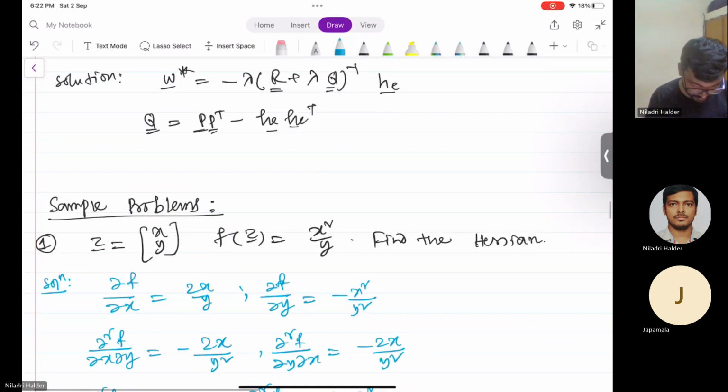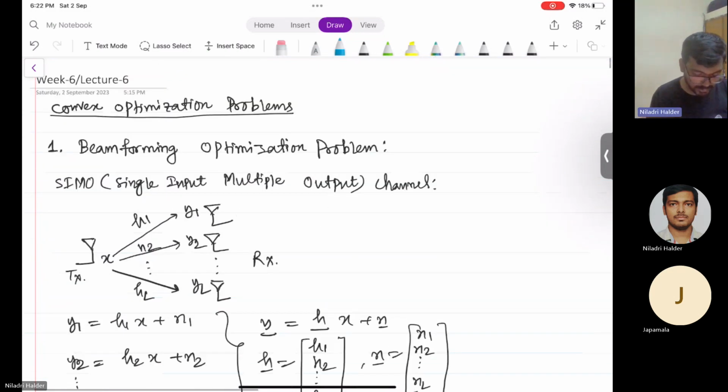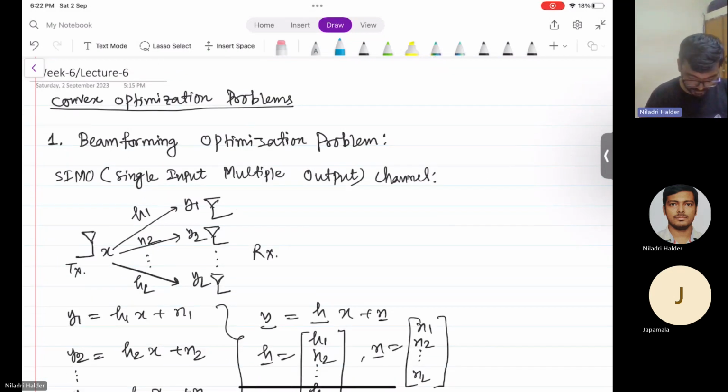So I can revise. First is the convex optimization problem. Okay, so four convex optimization problems the professor has solved. One is the beamforming optimization problem, normal beamforming, that is, the single-user case where no interference is there.